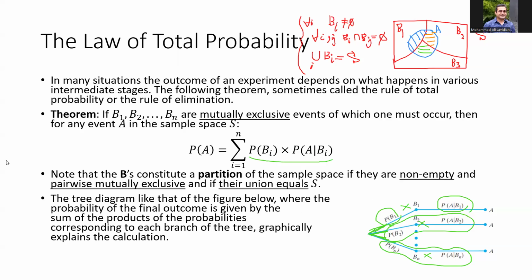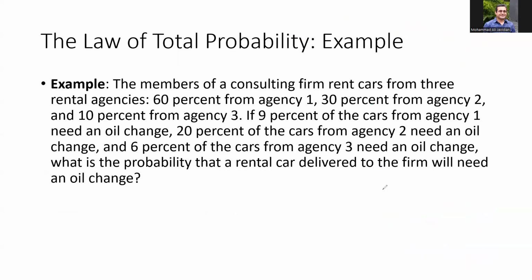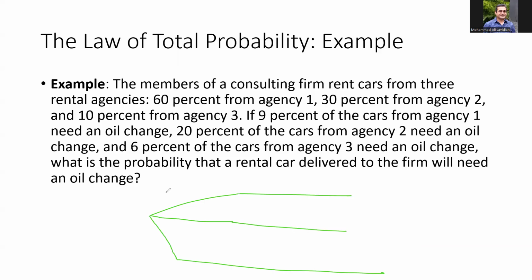Let me give you a concrete example in the next slide. We have 3 rental car companies, so we have 3 agencies. I'm going to use 3 branches. The probability of agency 1 is 0.6 because 60% of cars are coming from agency 1.